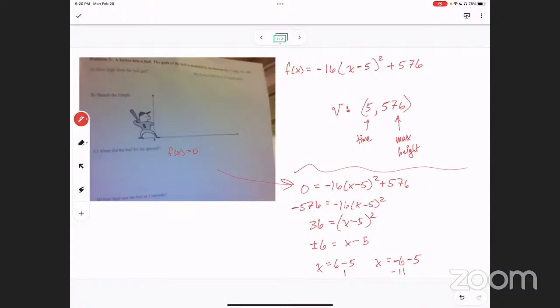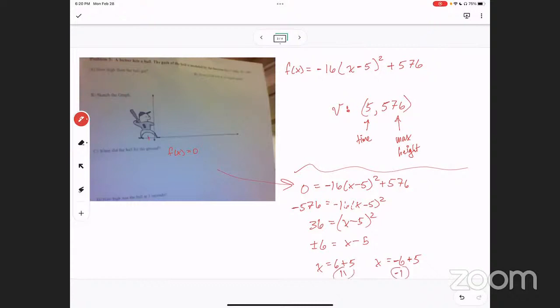Okay, that does not make any sense. Oh, yeah, because I did it wrong. I forgot to add 5. I'm adding 5 on both of them. Yeah, that makes a lot more sense. I'm like, what's wrong here? This is 11 and this is negative 1.